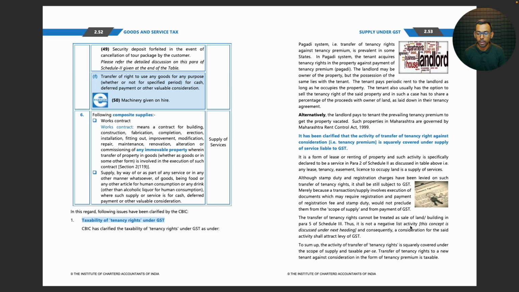Thus, it is not a negative list activity, and consequently, a consideration for the said activity shall attract levy of GST. To sum up, the activity of tenancy rights is squarely covered under the scope of supply and taxable per se. Transfer of tenancy rights to a new tenant against consideration in the form of tenancy premium is taxable.